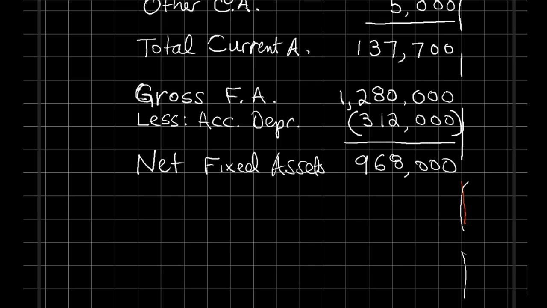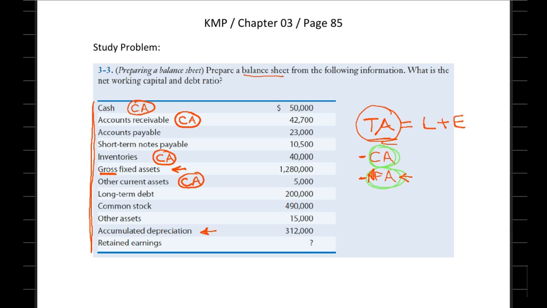Now we are in the final step. Let's just, to make sure, let's go back. Let's see if we are missing any asset item. And I will use the highlighter to make sure to delete, kind of in a sense, the line that we have already used. So I have made already use of the cash. I already made use of accounts receivable. I have already used inventory.